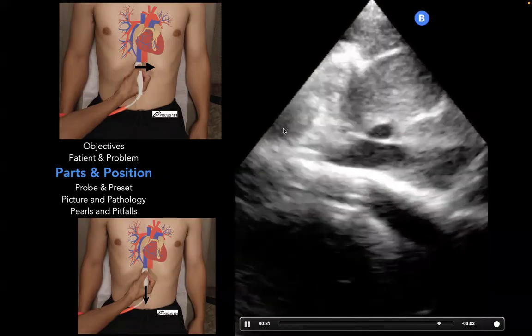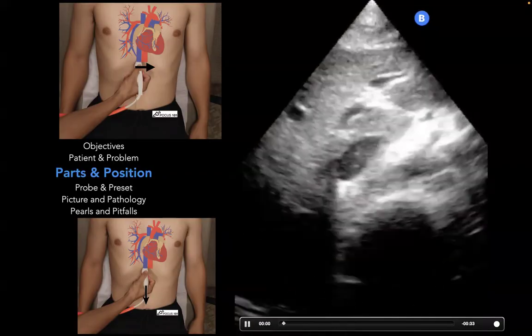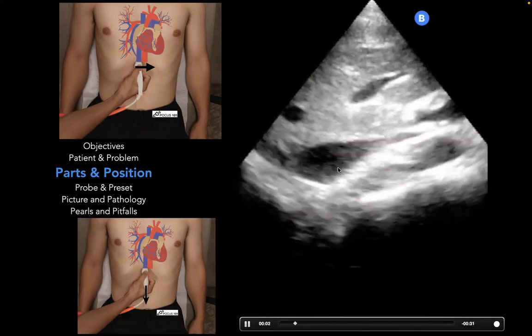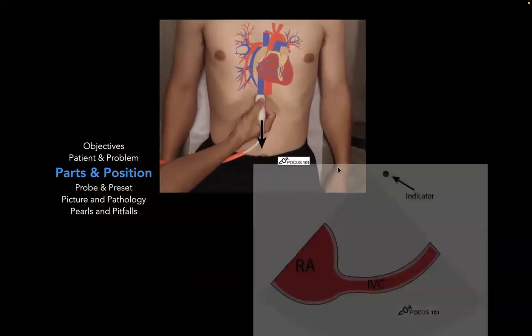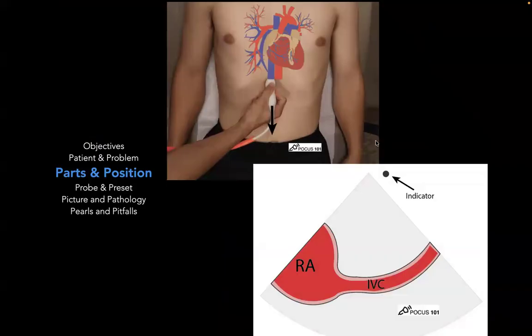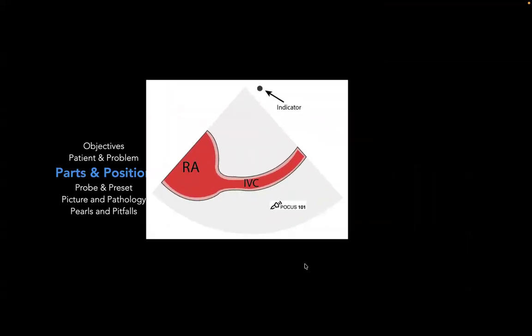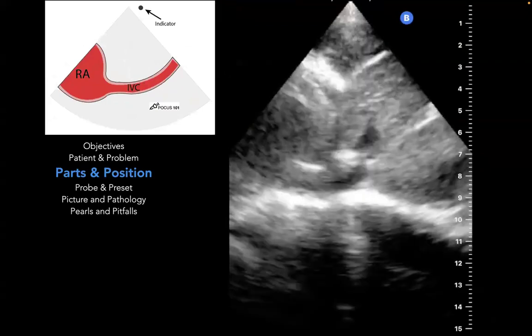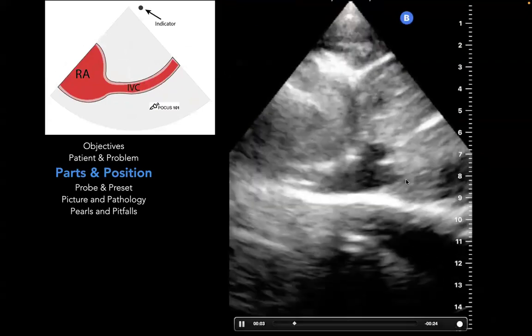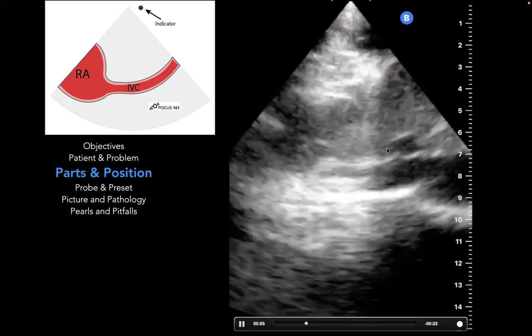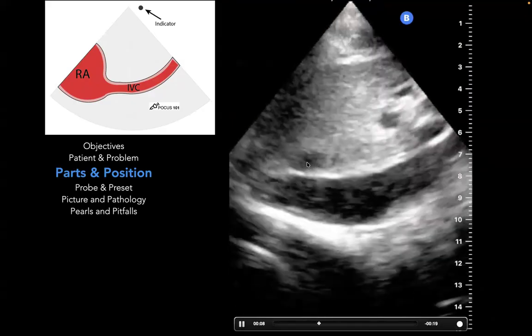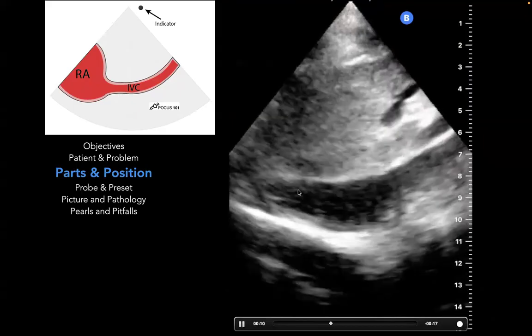And so you can see the IVC in its long axis again, and in the short axis, such as in the beginning here. So just to review, this is what we're looking at, the right atrium, the IVC going into the right atrium, if we're looking at it in the long axis. Now with the IVC in its long axis, you'll see this here and the hepatic veins draining in. This is the hepatic vein draining into the IVC.